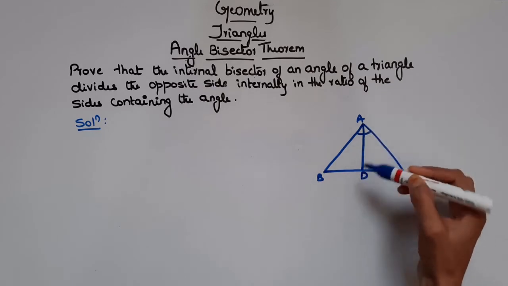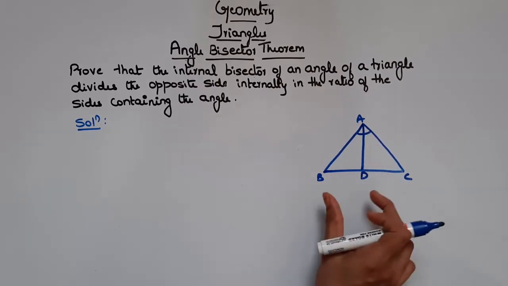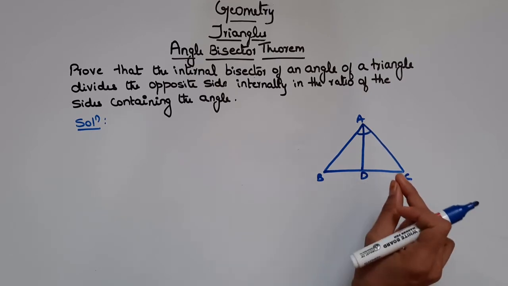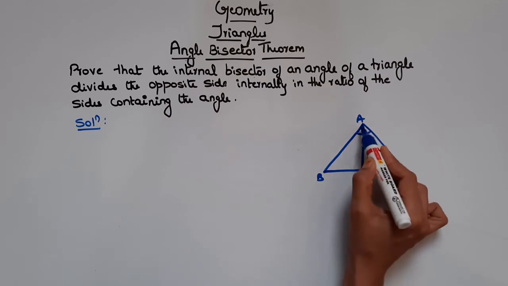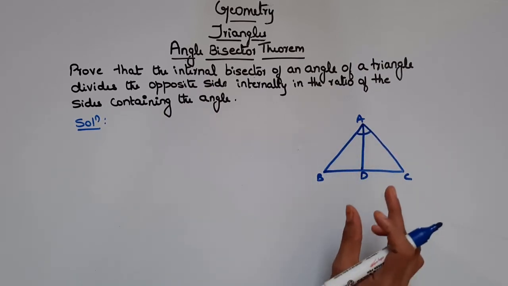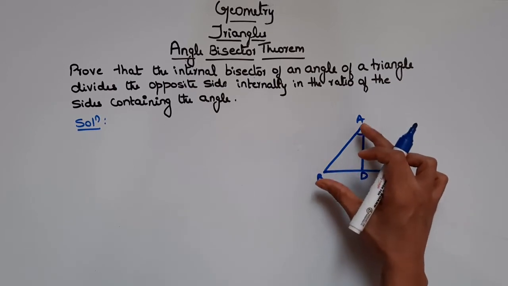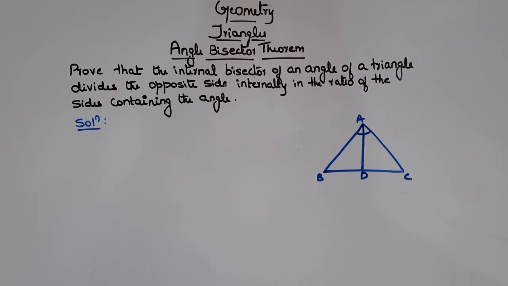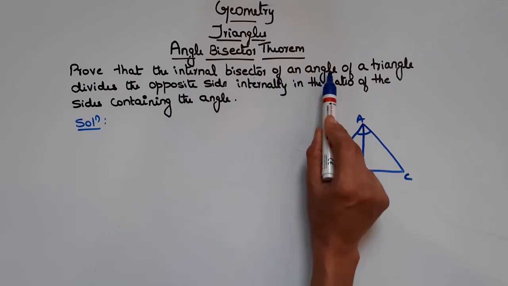So this AD divides the opposite side internally in the ratio, that is BD by DC is equal to the ratio of the sides containing the angle. So the sides containing this angle are AB and AC. So we have to prove BD by DC is equal to AB by AC, right? So I repeat, here it says internal bisector of an angle of a triangle.